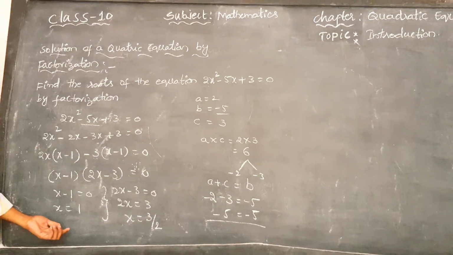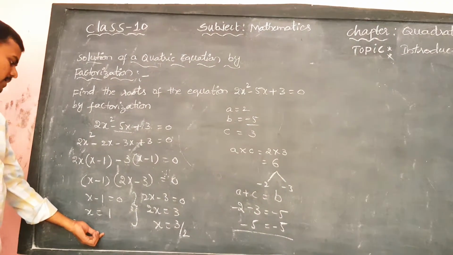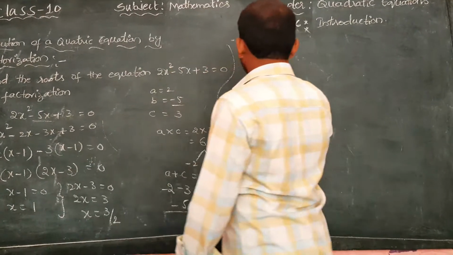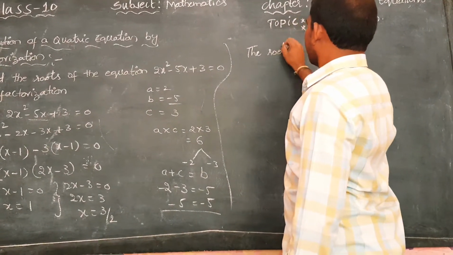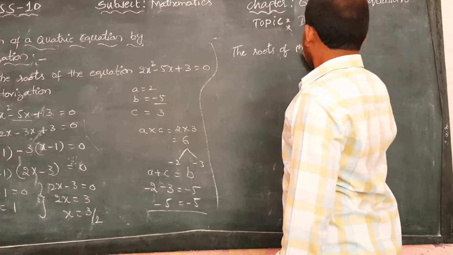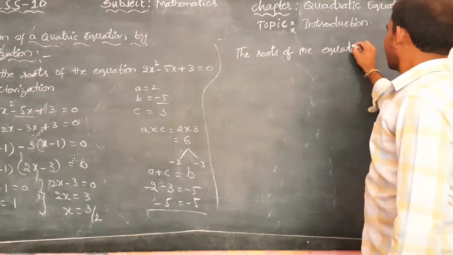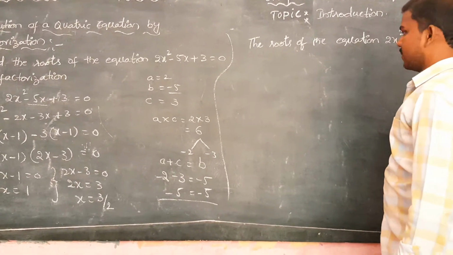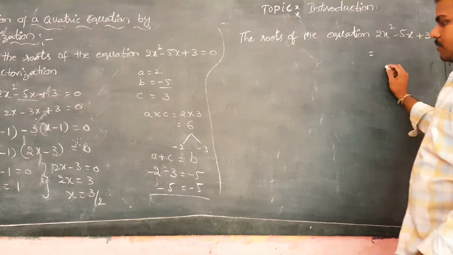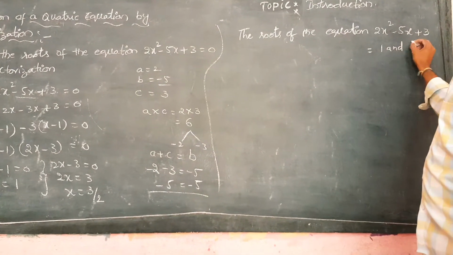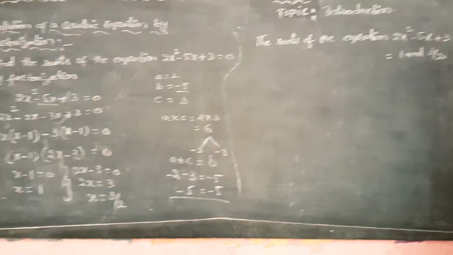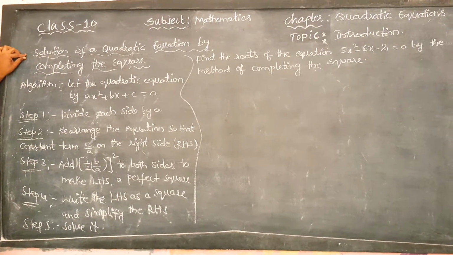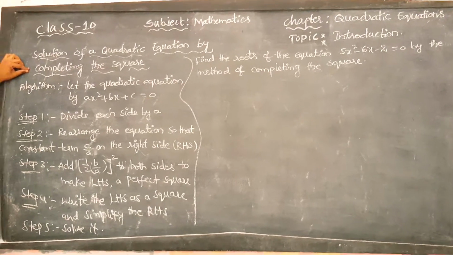So the roots of the equation 2x square minus 5x plus 3 are 1 and 3 by 2. The next topic to discuss is the solution of a quadratic equation by completing the square.